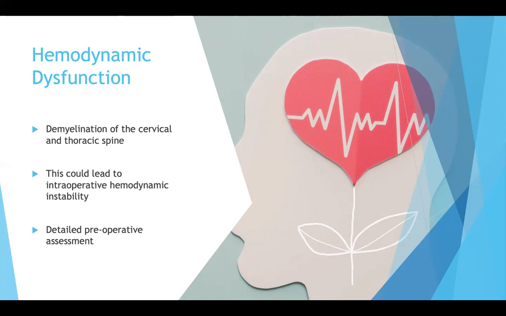The main consideration with this is that it can lead to intraoperative hemodynamic instability. Therefore, it is recommended that patients with multiple sclerosis undergo a very detailed and thorough preoperative assessment, especially so that we can identify those patients that could be at a higher risk of developing hemodynamic instability intraoperatively.